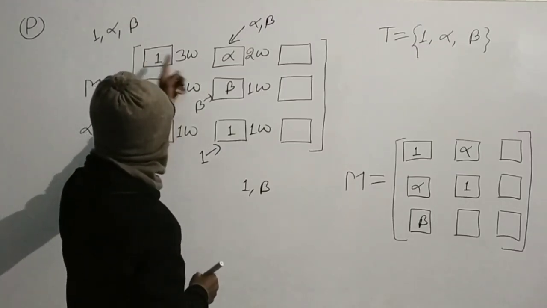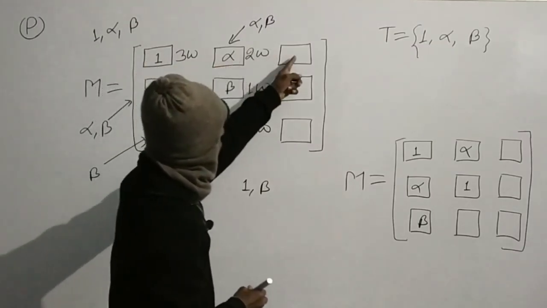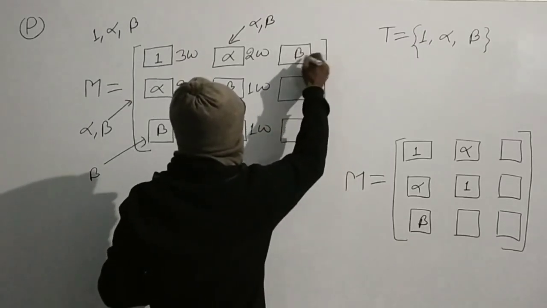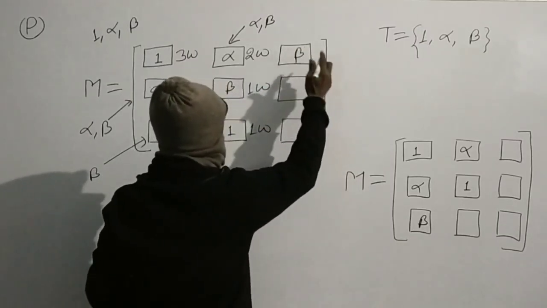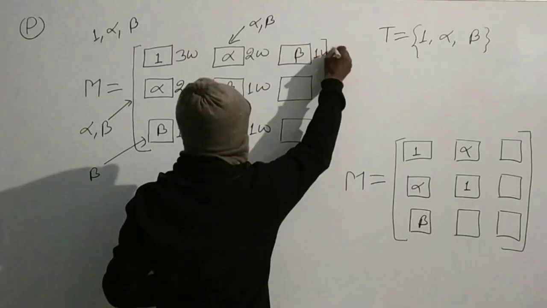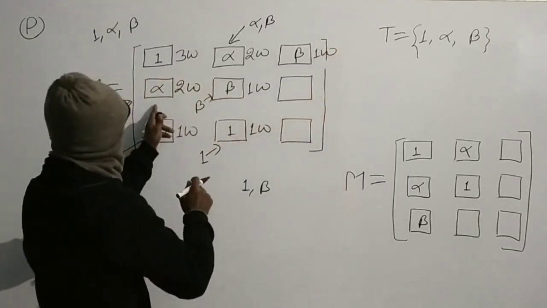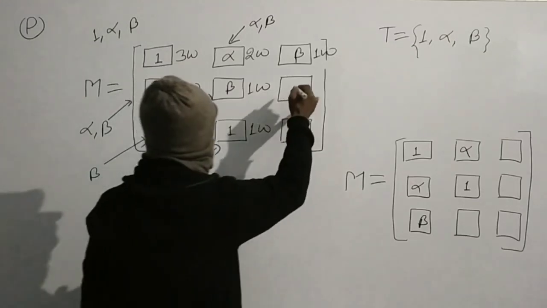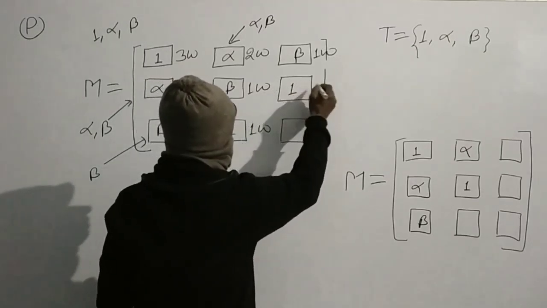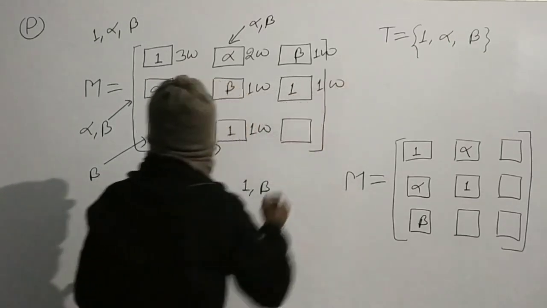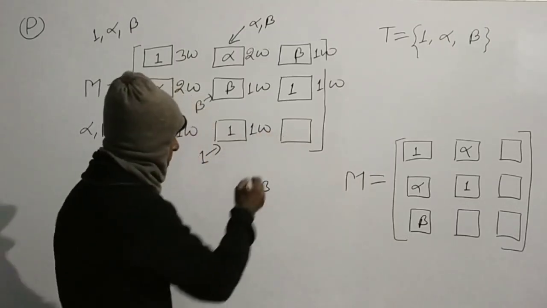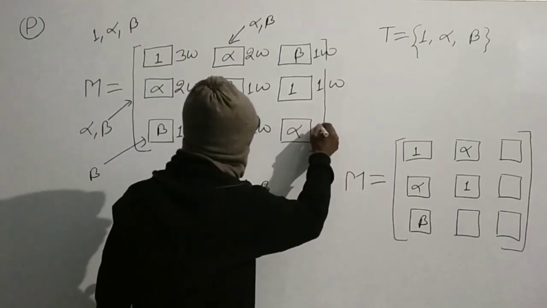Now, here is 1, here is alpha, therefore this place must be filled by beta. That is, the number of ways to fill this place is 1 way. Here is alpha, here is beta, therefore this place must be filled by 1, 1 way. Here is beta, here is 1, therefore this place must be filled by alpha, 1 way.